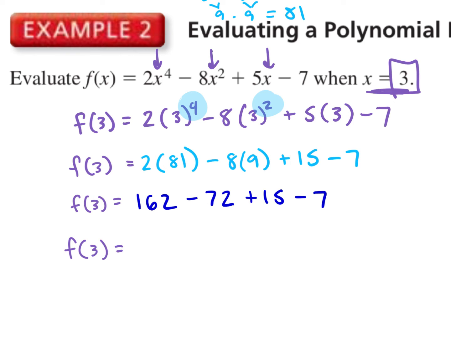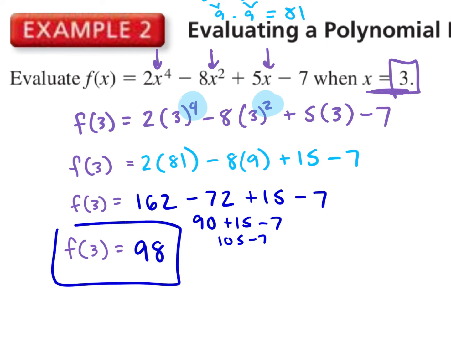So 162 minus 72 would be 90. 90 plus 15 is 105, and 105 minus 7 would be 98. Awesome. So you would write your answer like this. f of 3, because it started as f of x, but it told us x was 3, so f of 3 is equal to 98.